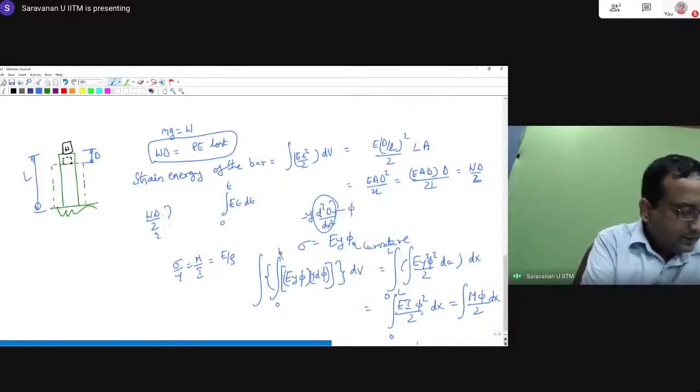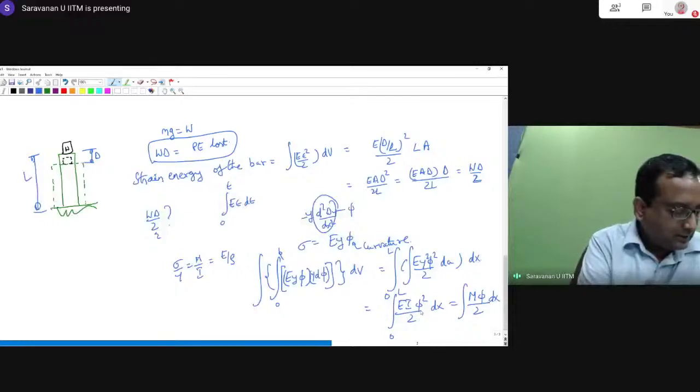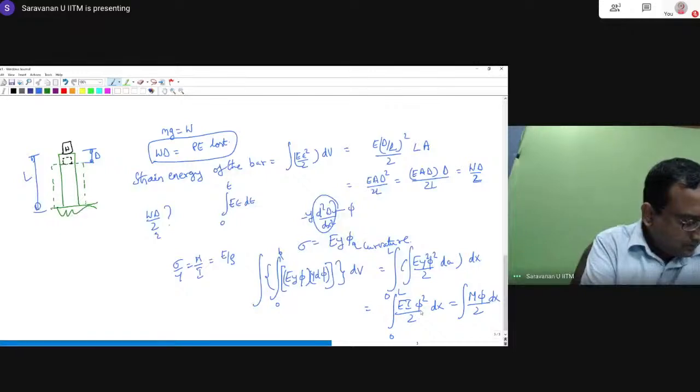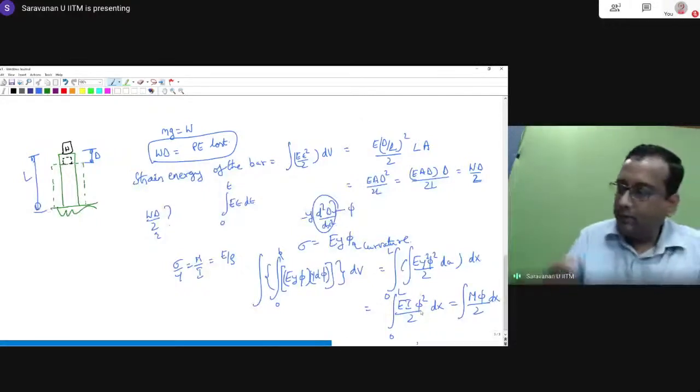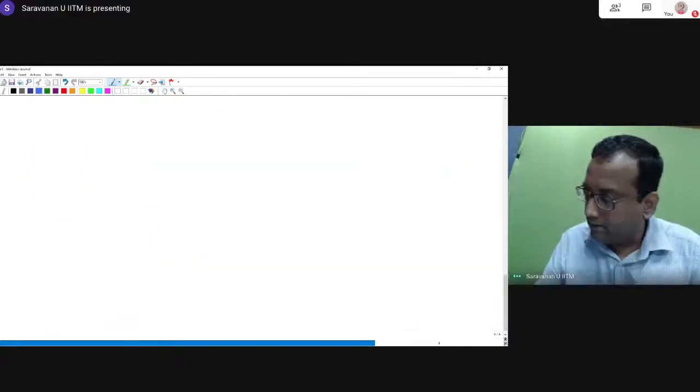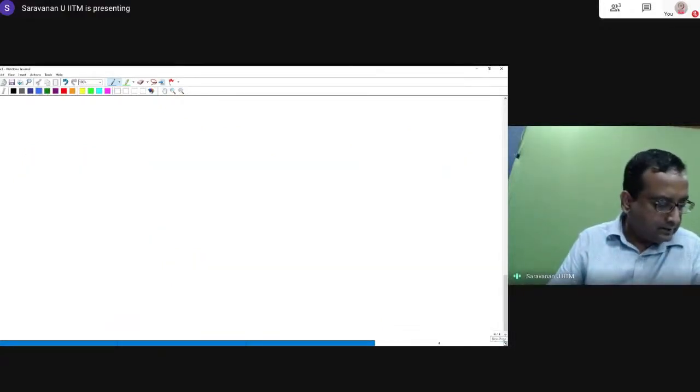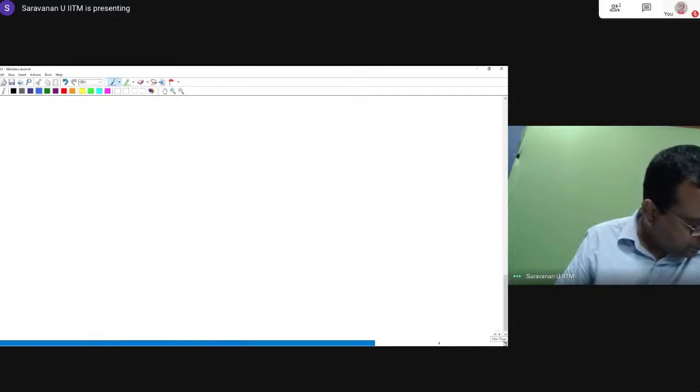Yes, the strain energy will take care of the change in the potential energy in the beam also. Okay, how to compute the deflection of a thin-walled cross section? Thin-walled tube section subjected to what?